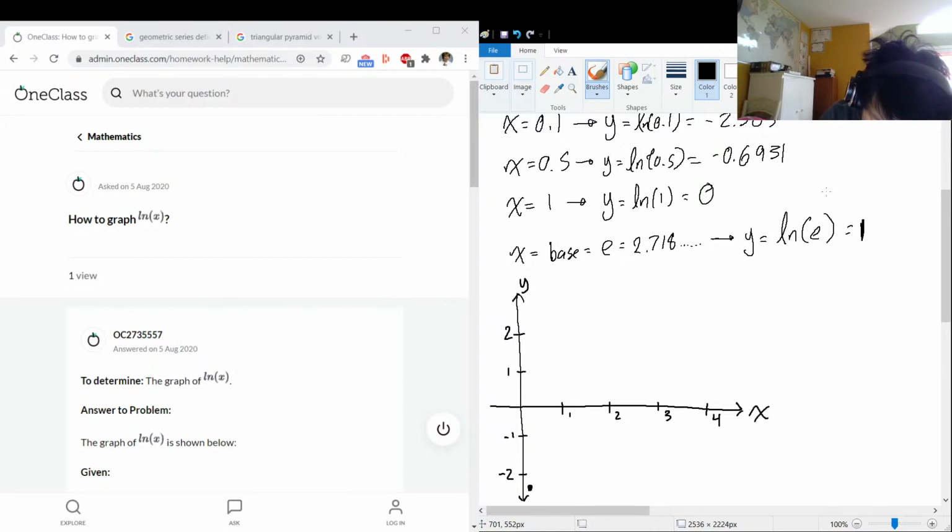So just about halfway through here, and slightly over half closer to 1. And we know that (1, 0) is always going to be a nice point. And now we have to look at our base. Our base is 2.718. That's Euler's number. So that's going to have a height of 1 just around here.